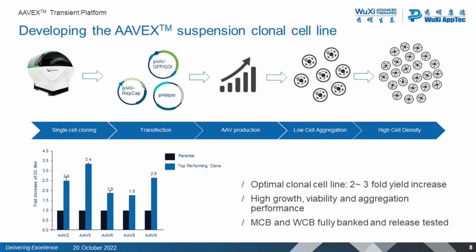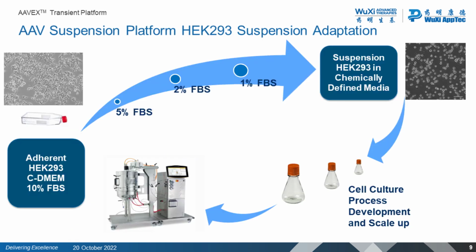Most importantly, our master cell bank and working cell bank are fully banked and release tested, ready to go for any of client's projects, which guarantees a significant time saving.